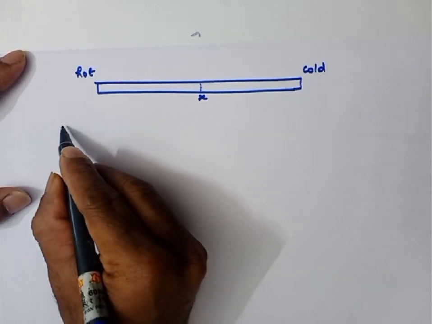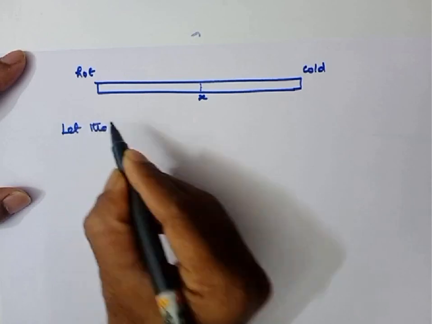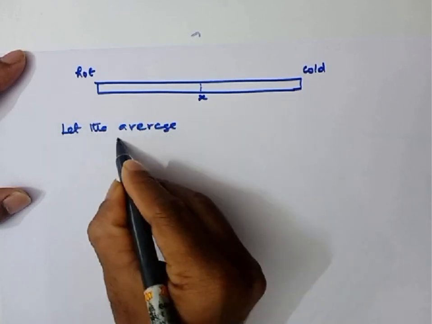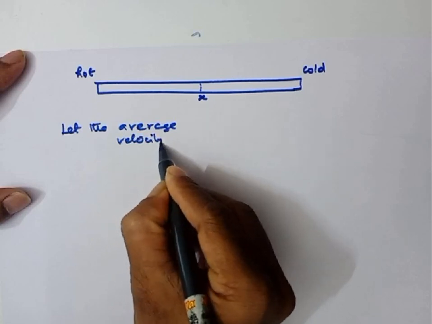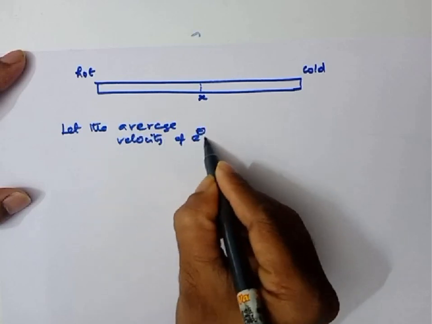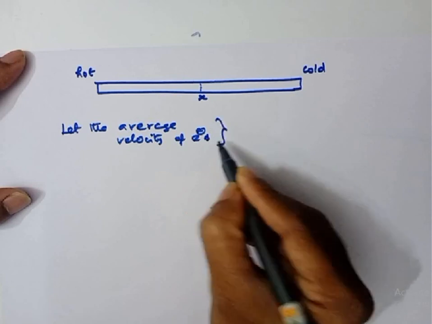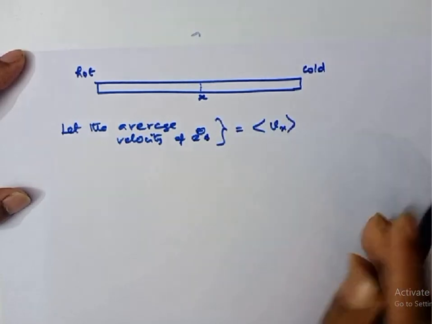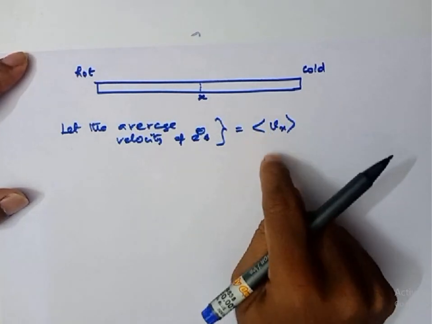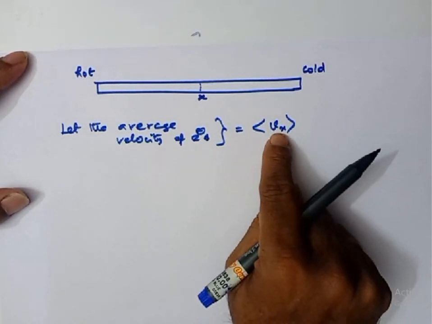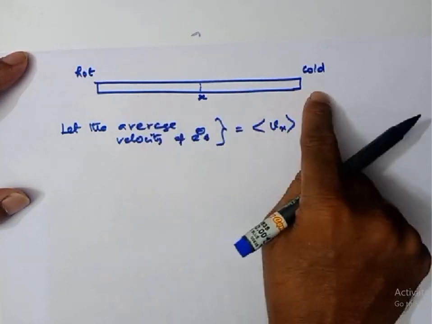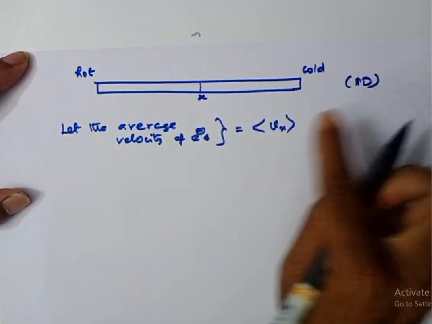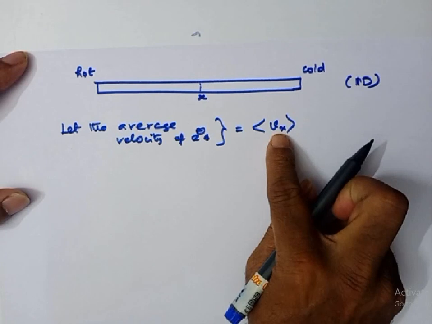For that, let the average velocity of the free electron be Vx. This bracket symbol indicates average. Vx is the velocity because we have taken a one-dimensional metal, so we have taken only Vx here.